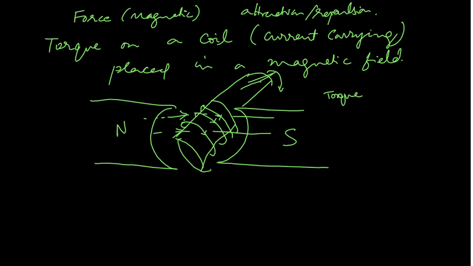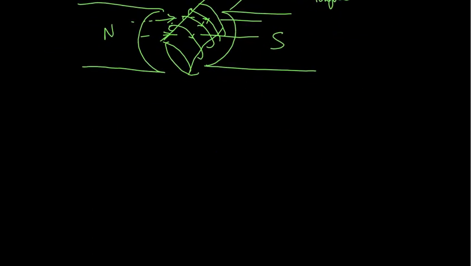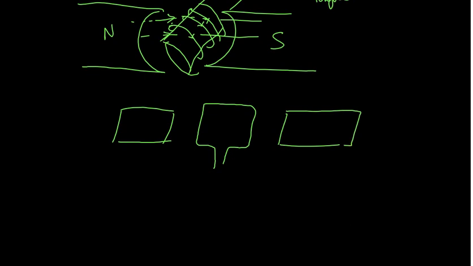So in a simplified picture, if you see in the book, they have a rectangular coil and they have kept that between these magnets, north and south. This is obviously current carrying and the magnetic field will be like that.